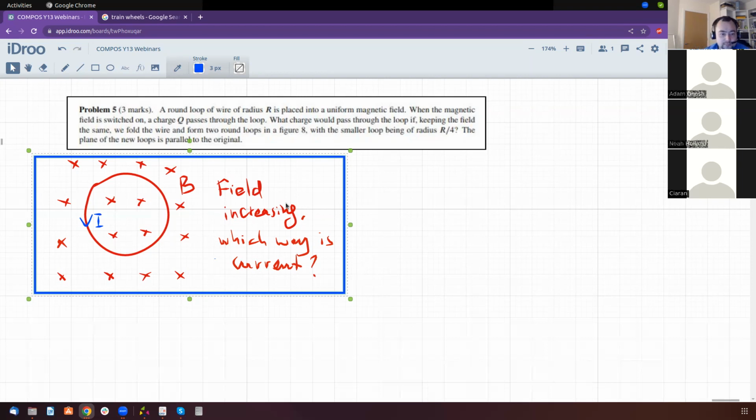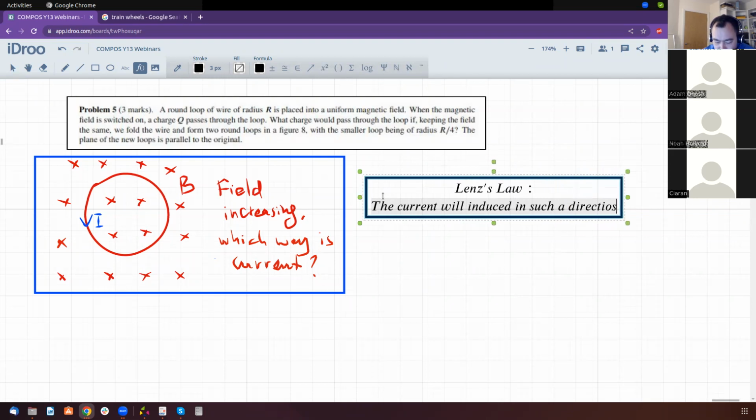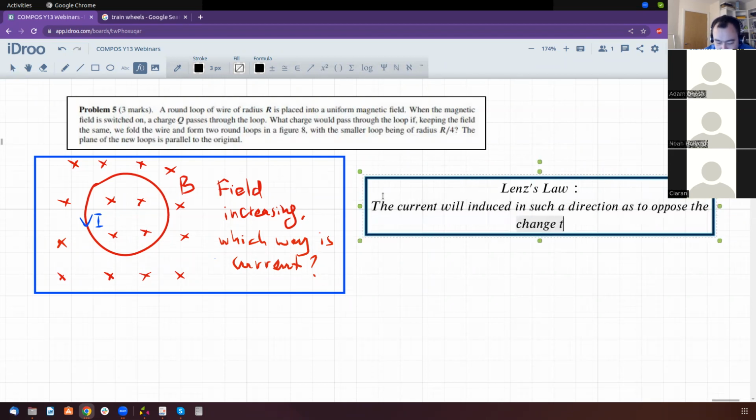Now, this is Lenz's law. The induced current will be induced in such a direction as to oppose the change that induced the current in the first place.